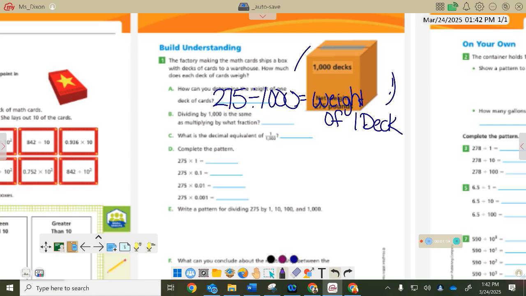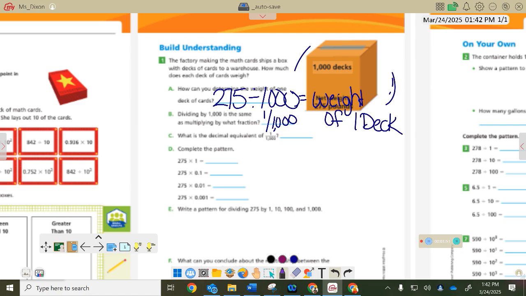Dividing by 1,000 is the same as multiplying by what fraction? If you are dividing by a whole number, that is the same as multiplying by one over that whole number. That means 1 over 1,000. So multiplying by 1 over 1,000 is the same as dividing by the whole number 1,000.